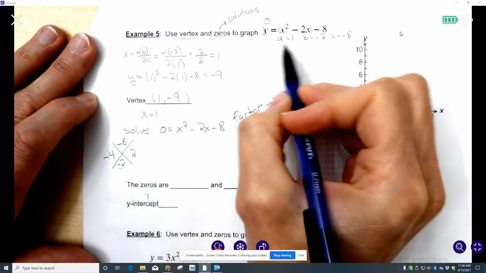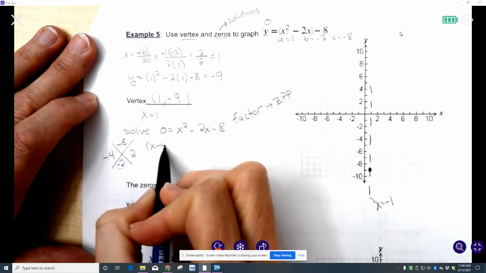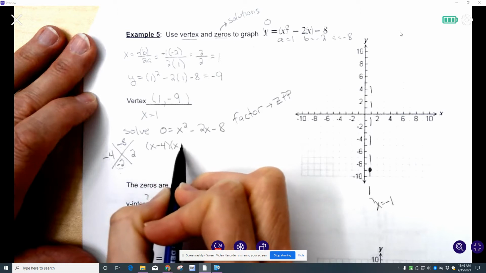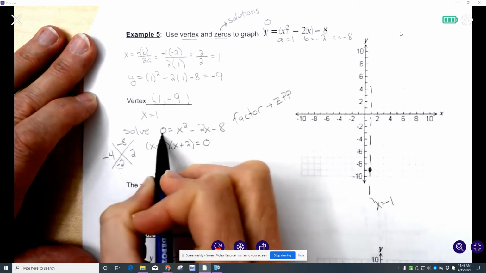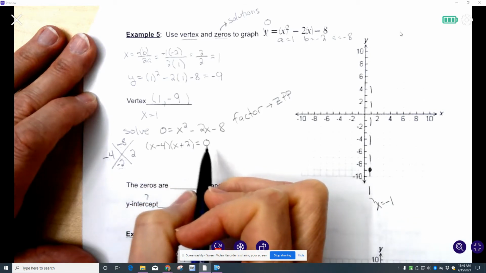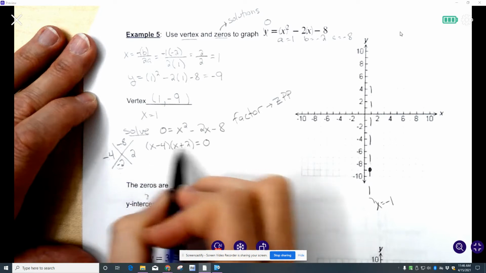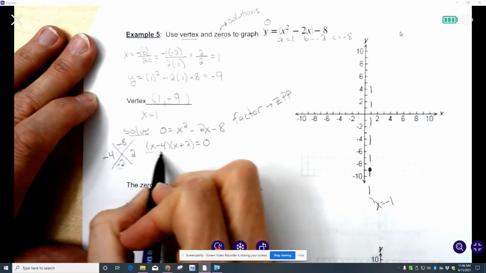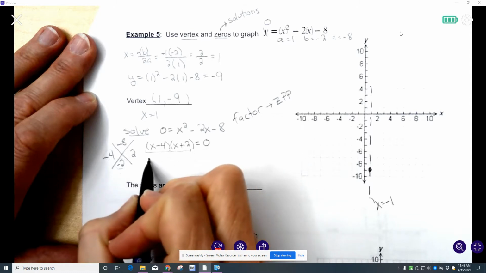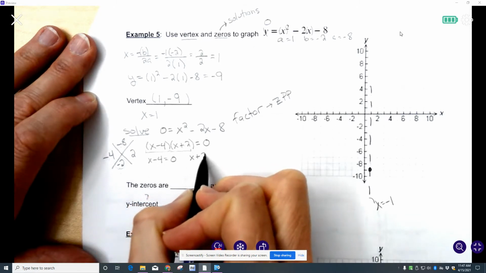Remember the shortcut: if a is 1, I don't have to do the box. So my factors are x minus 4 times x plus 2 equals 0. Remember, we're equal to 0. This is a solve problem. Zero product property says if two terms multiplied together equal 0, then one of them or both of them must equal 0.